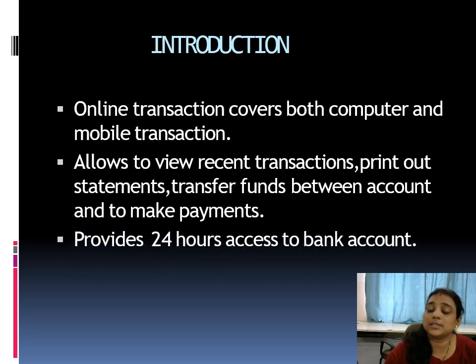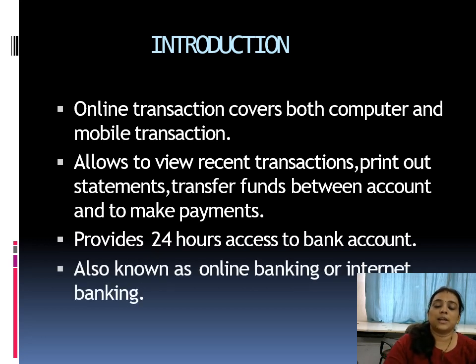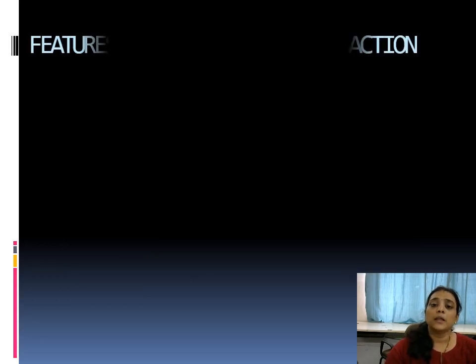This service is provided 24 hours, so the internet is being used by users 24 by 7. It is also known as online banking or internet banking. So all the transactions done online can also be called banking account transactions or internet banking, right?